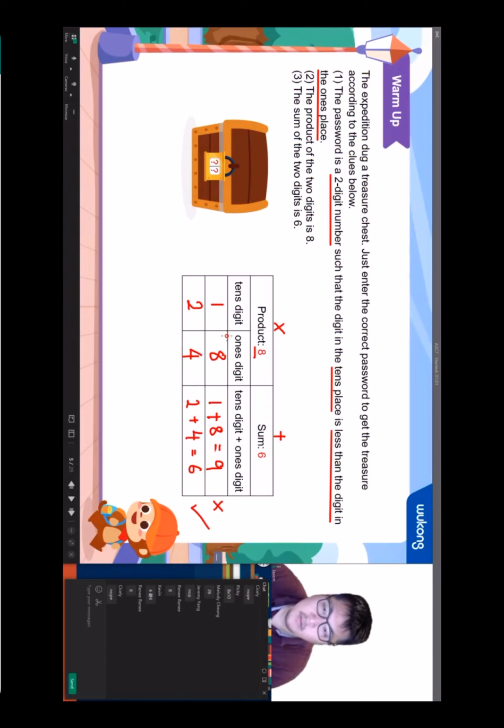No, it doesn't. All right, so let's move to the next closest number. What about 2 times 4? So that's 8. Now 2 plus 4 equals to 6. So this works. And now, guys, is the tens place smaller than the ones place if we have 24?